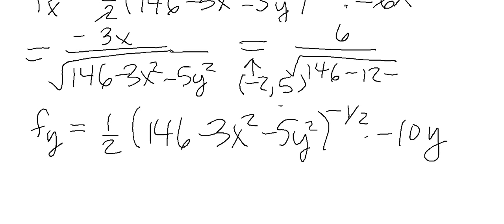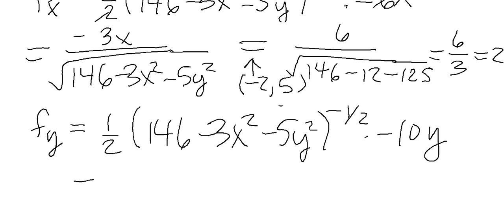And then minus 5y squared. And y is 5, squared is 25, so that'll be -125. And that actually just leaves us 9 in the square root on the bottom. Square root of 9 is 3, so this is 6/3, which is 2.